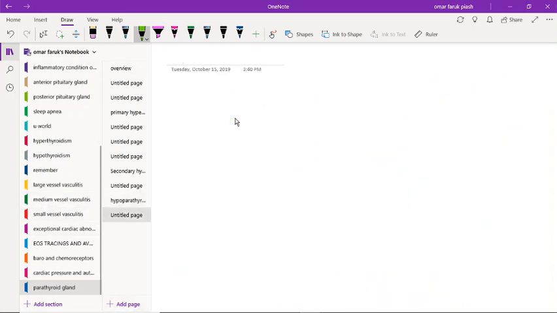As there is hypocalcemia, it leads to tetany, and there are two tests by which you can diagnose tetany: Chvostek sign and Trousseau sign.